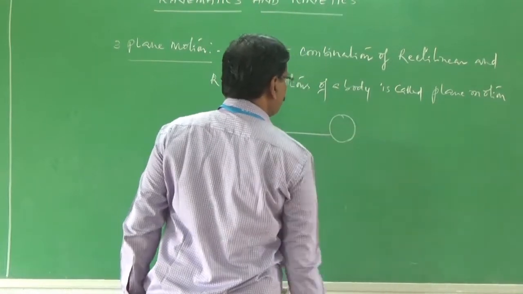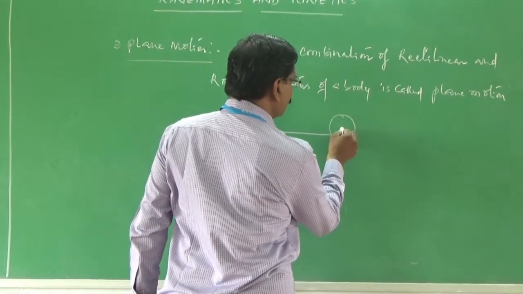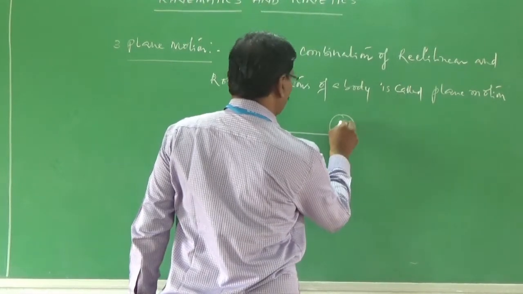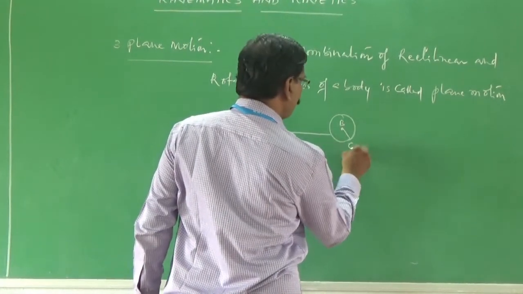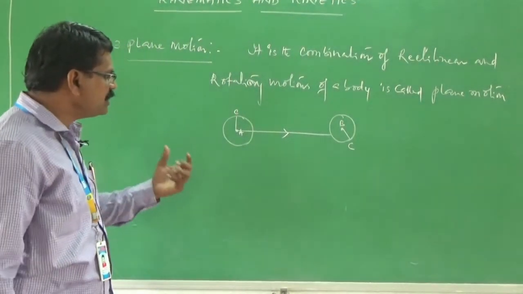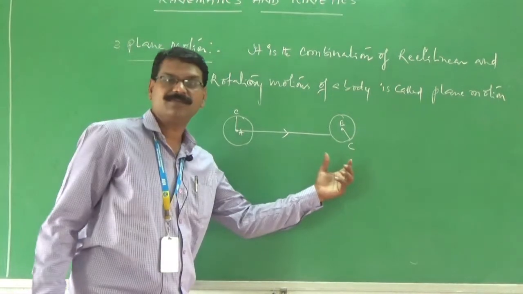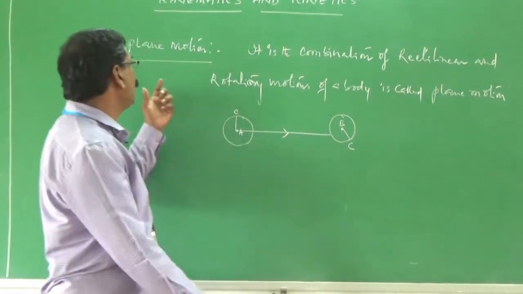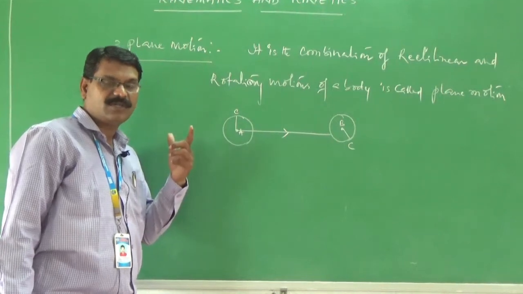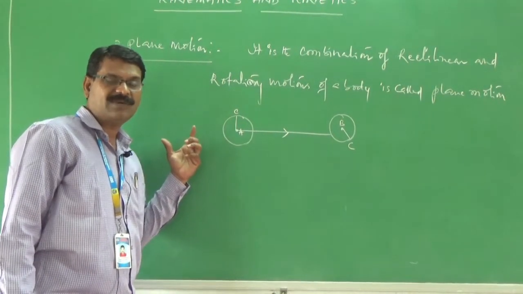This is called point B, and this is called point C. So, strictly speaking, a motion consisting of both rectilinear and rotatory is called what? Plane motion.